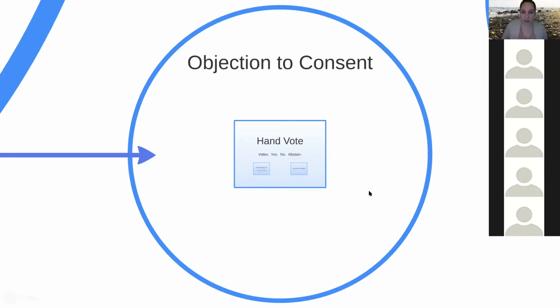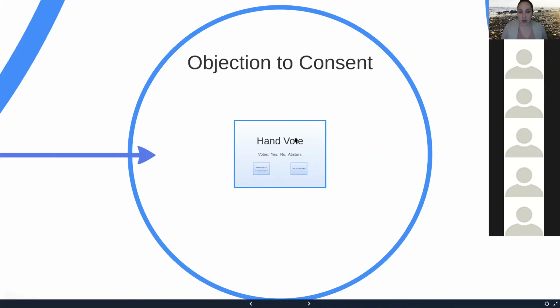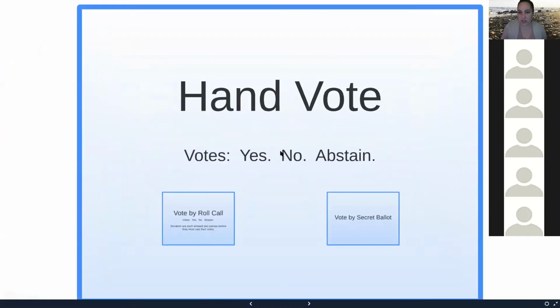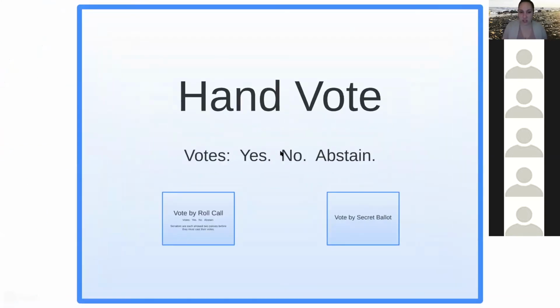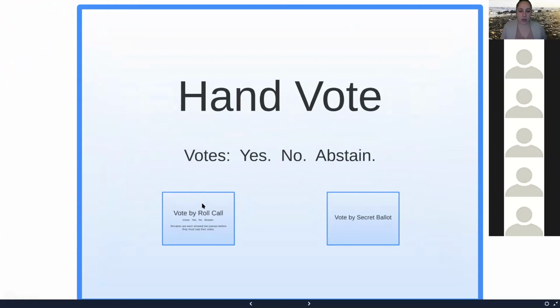So if somebody is wanting to vote no on a particular motion, then you're going to go into a hand vote. There are a couple of votes here that I want to cover that are not necessarily related to objection to consent, but they're kind of contained in this portion of the presentation. And so I'll cover those now while we're here.